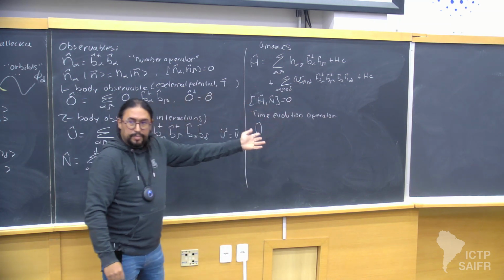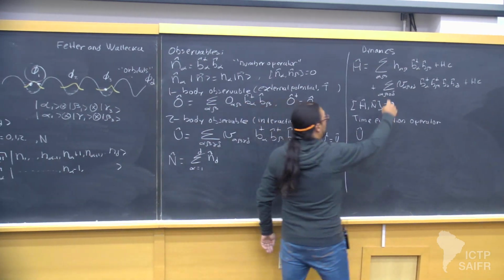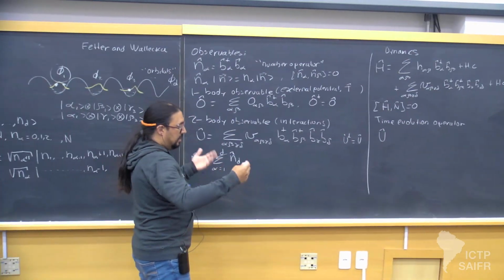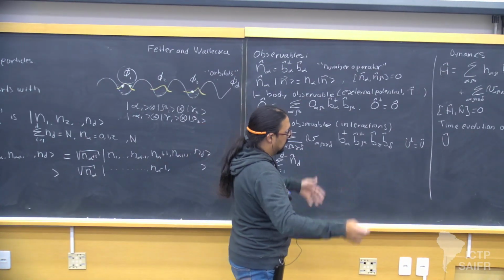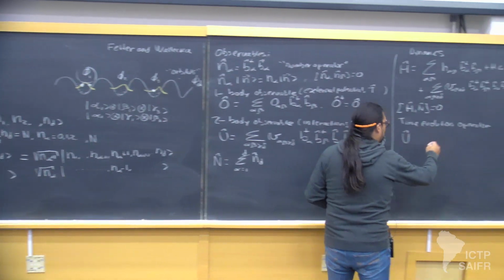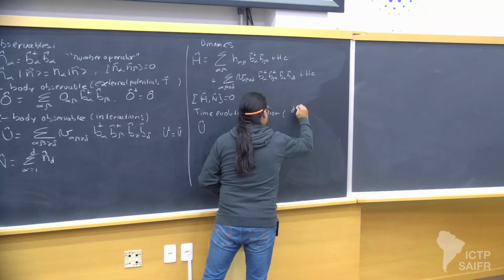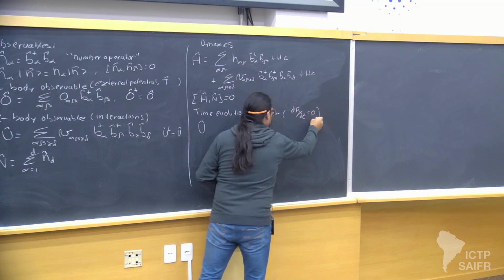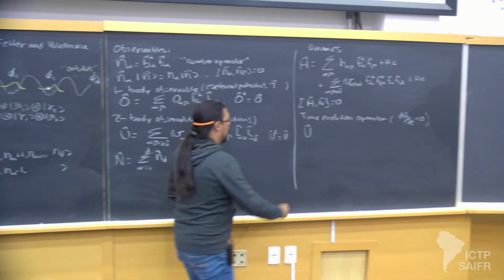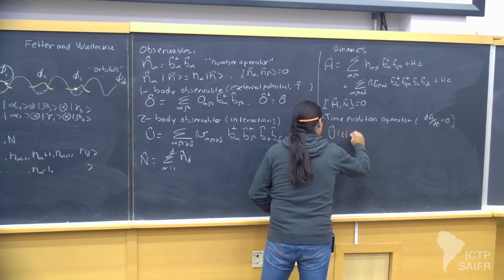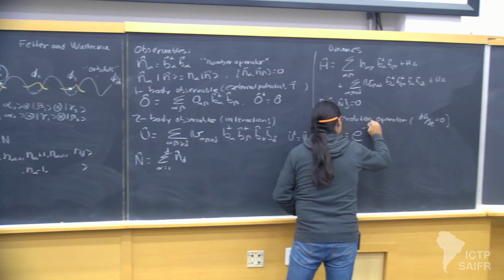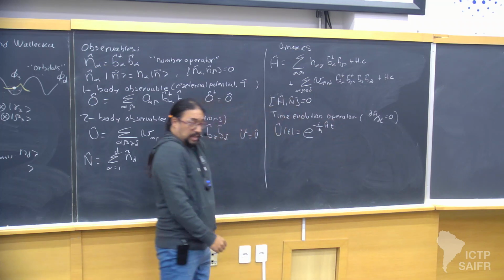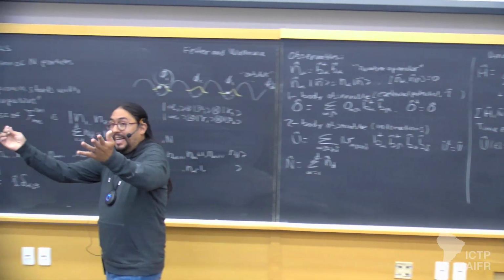I can put in a time dependence, okay? But then the time evolution operator has to be expressed more carefully. For time independent, where dH/dt is 0, you know what it is: e to the minus i over h bar Hamiltonian times t. That's it. I mean, I'm doing quantum mechanics.